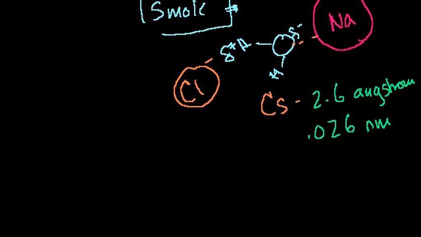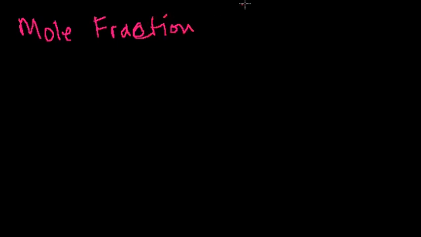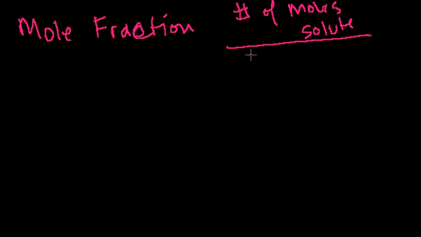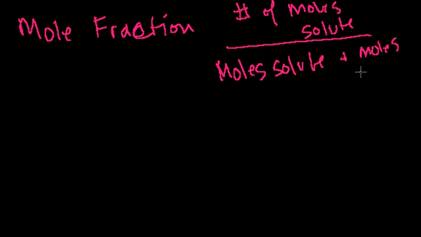So the next question is, well, how do you measure these things? And there's a lot of different ways to measure concentration. We already actually used one of them, which is mole fraction. This is the number of moles of solute divided by the number of moles in the whole solution, or moles of solute plus moles of solvent.